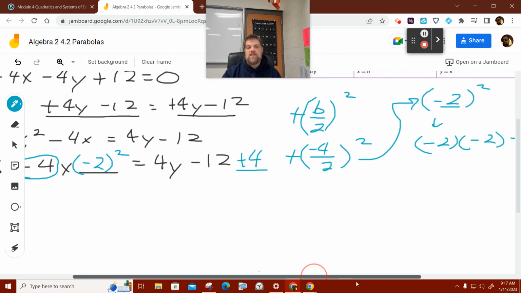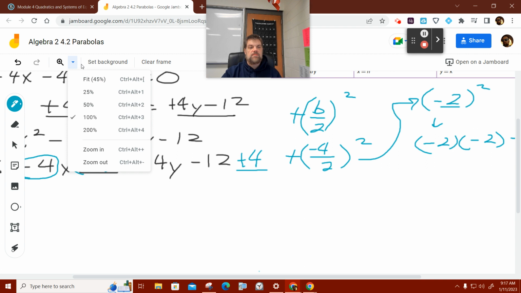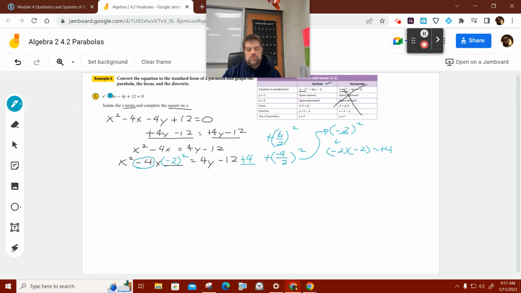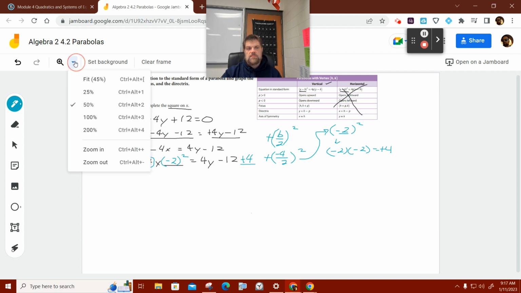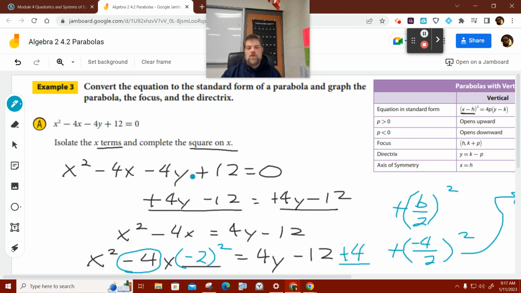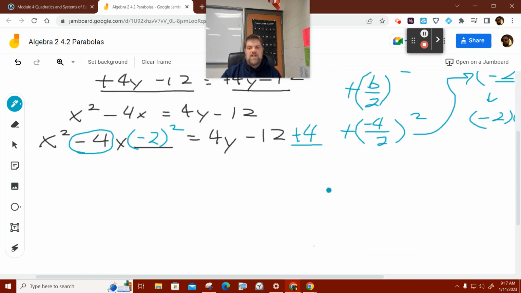Yeah, sorry. Let me zoom out a little bit. Okay? So now, in the next step, I know for a fact that if I take x minus 2 and square it, that's the same as x minus 2 times x minus 2.